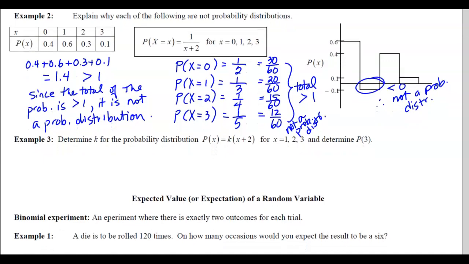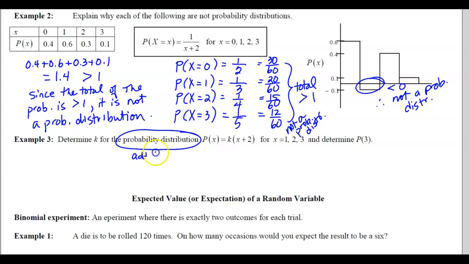All right, then example 3 says determine K for the probability distribution, where the X values are 1, 2, and 3, and then find the probability of 3. Our property for a probability distribution is that the total of all the probabilities has to add to 1.